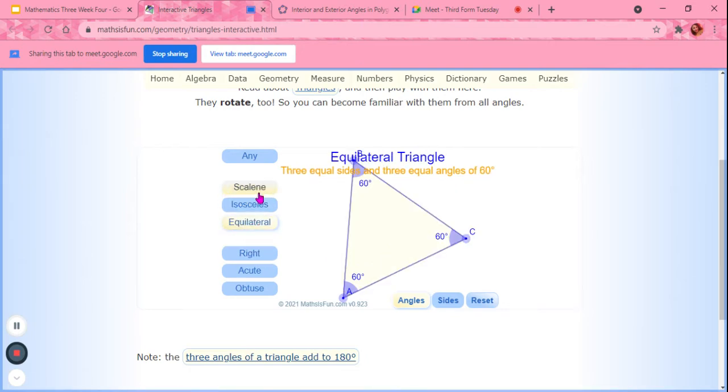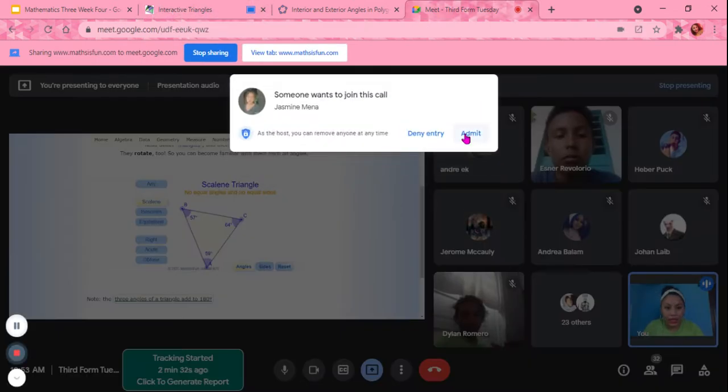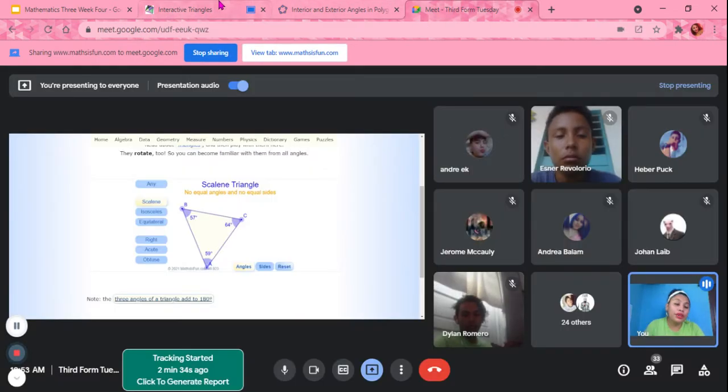Talking about the scalene now, it does not really matter because all sides are different and all angles are different. So I have three different sides measuring different lengths, and I have three different angles inside. So this is what the scalene basically is. So those are when you classify them by side, right?